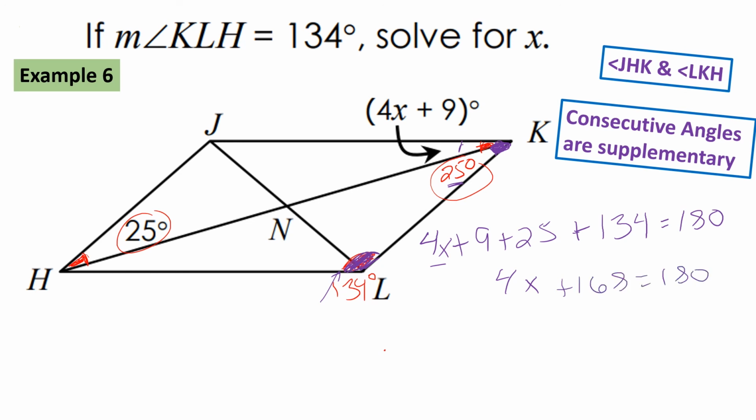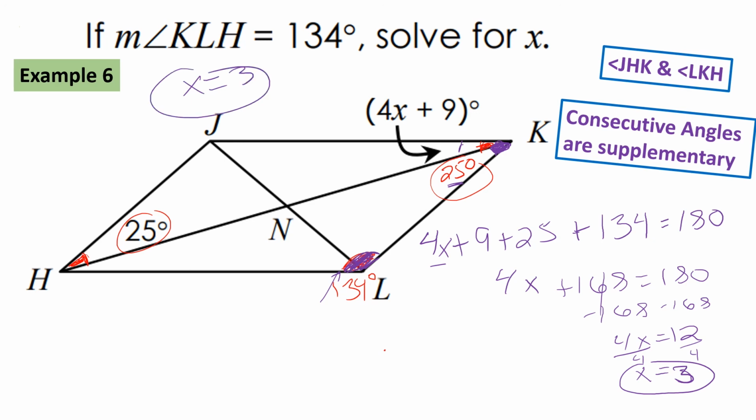Just solving this 2-step equation, subtracting 168, 4x equals 12. Dividing by 4, x is 3. So I've solved this equation for x, so x is equal to 3.